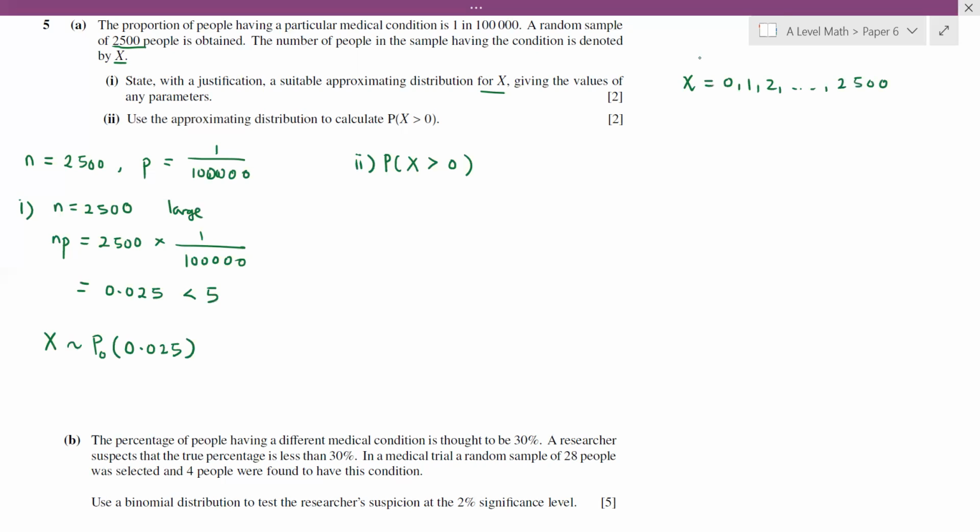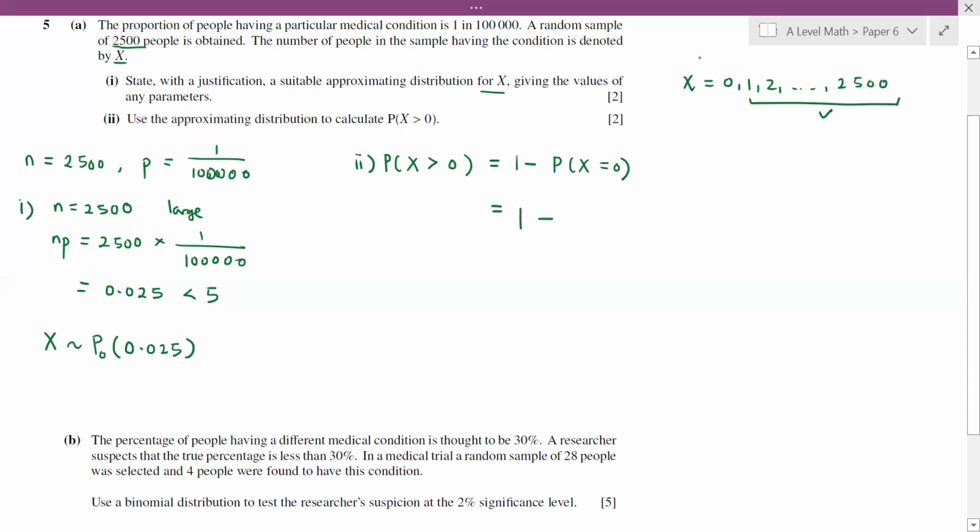So for the probability X is greater than 0, we need to find the probability X is greater than or equal to 1. That will give us 1 minus the probability X equals 0. Total probability is 1. This is what we want; 0 is what we do not want. We have 1 minus the probability X equals 0.